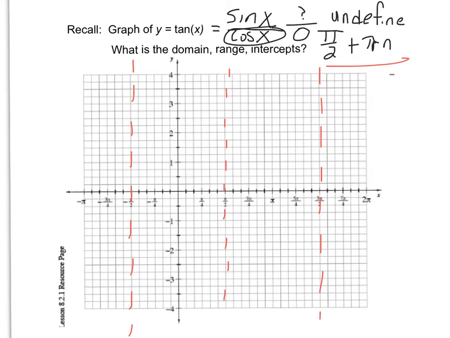And our tangent of 0 would be the sine of 0 divided by the cosine of 0, which gives you 0 over 1, or just 0. And we could do that with pi over 4 and a few others. But your tangent graph is going to look something similar to this. And it's just a repetitive pattern.